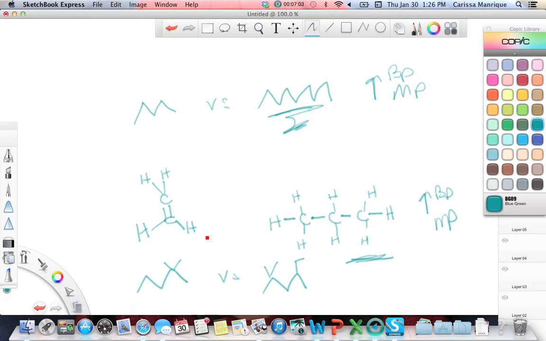So the highest one with the least amount of branches is right here. Okay? So that's dispersion. It's basically attraction of the protons in one molecule to the electrons of the other. And the trends go, you want a larger molecule because more protons, and you want the least amount of branches because the branches block the interaction.